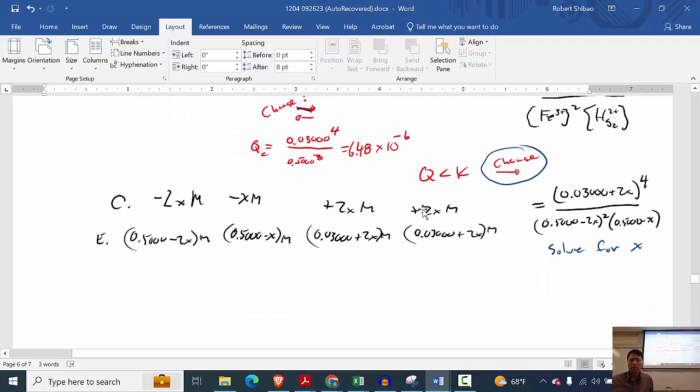What did you get for your x? You did the simplifying assumption? You can't do the simplifying assumption here because everything would drop out. Well, I just took out the x on the bottom. On the bottom? Yeah. All right, so what did you get for your x? Yeah, I got negative 0.0144.